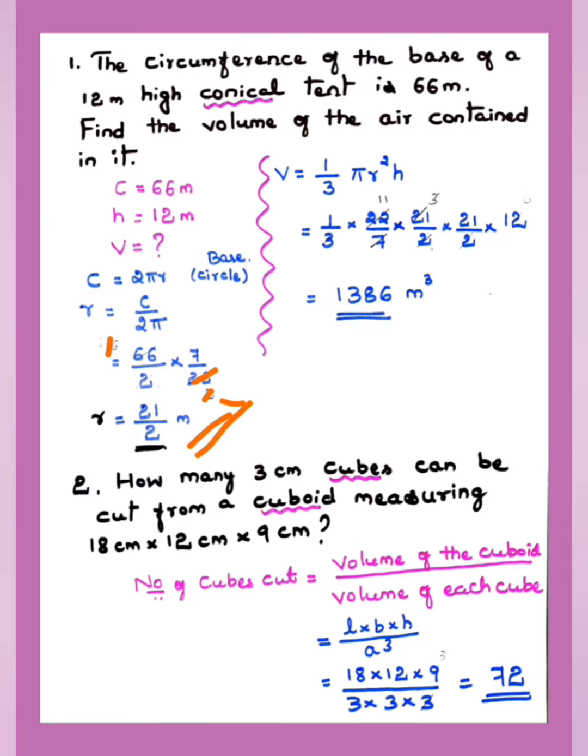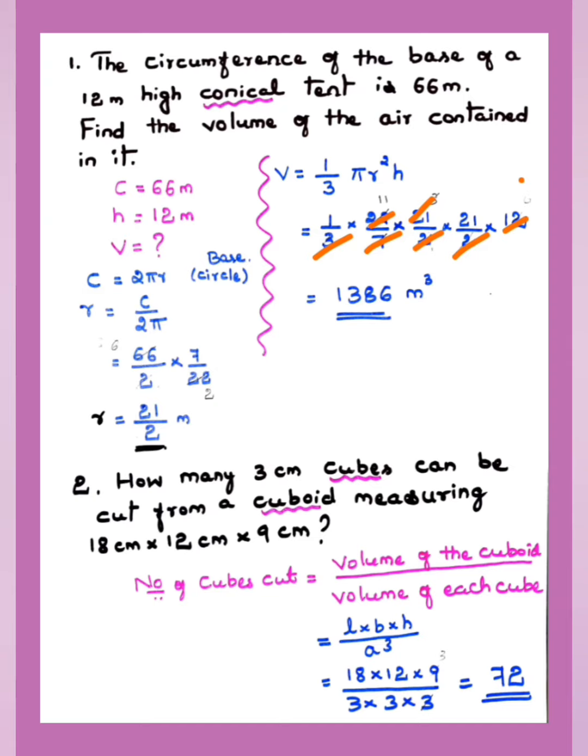Hence substitute value of R square now. Again don't multiply here, just substitute R into R. 1 by 3, pi value is 22 by 7, R value is 21 by 2 into 21 by 2 into 12. So wherever the possible way of cancelling, you can simplify it. 7 1s are, 7 3s are, you can cancel. Again 2 1s are, 2 11s are 22. 2 1s are, 2 6 are.